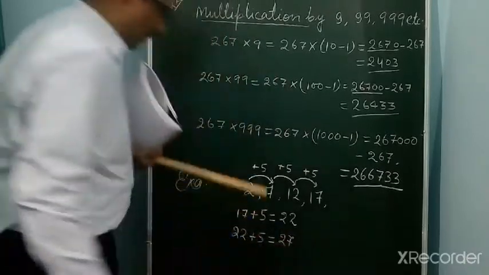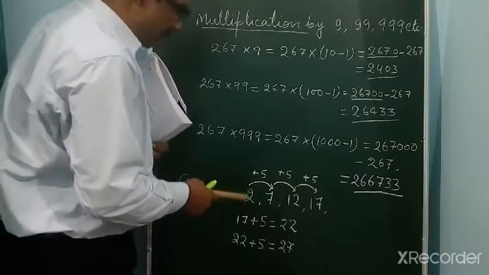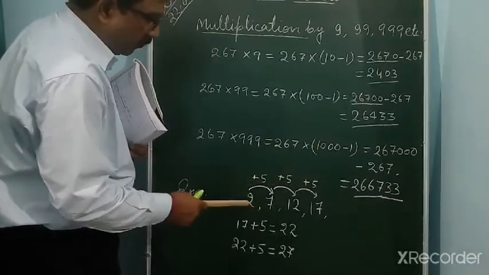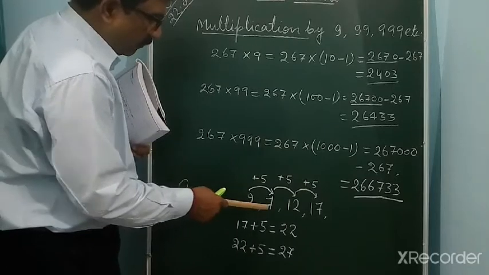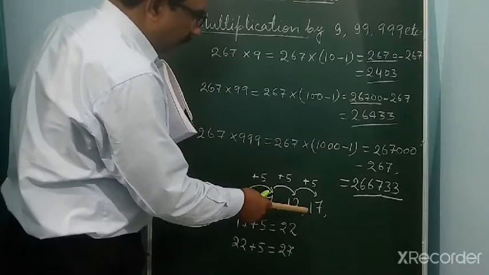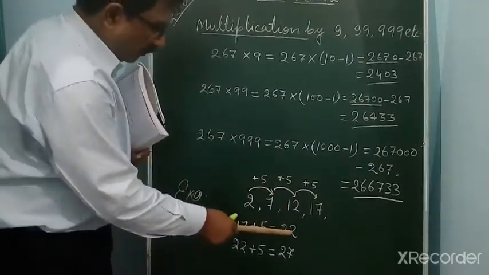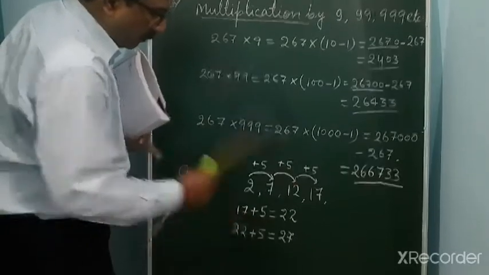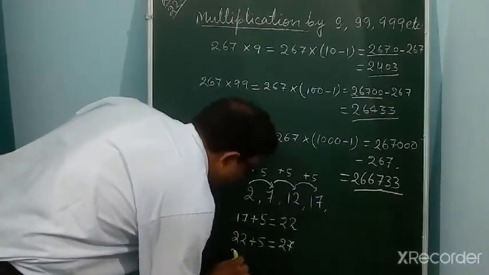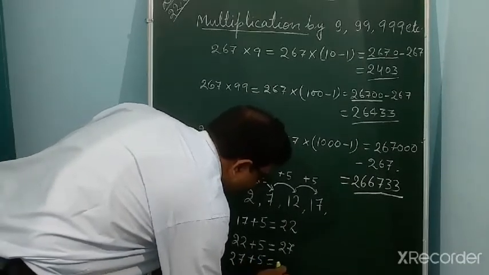So in this way you can see, increasing by 5: 2 plus 5 is equal to 7, 7 plus 5 is equal to 12, 12 plus 5 is equal to 17, and the next 3 terms, 17 plus 5 is equal to 22, 22 plus 5 is equal to 27, and the third term, 27 plus 5 is equal to 32.